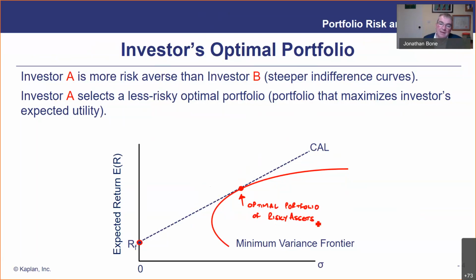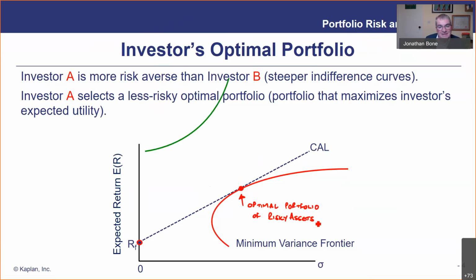Now, to work out what combination of risk-free borrowing and lending and investment in the optimal risky portfolio an investor would choose, the only way we can do that is to plot the investor's indifference curve.